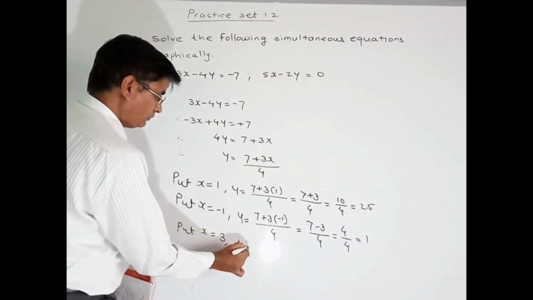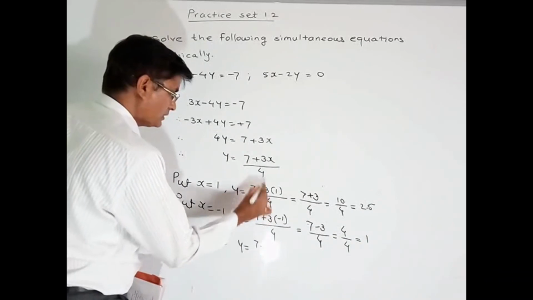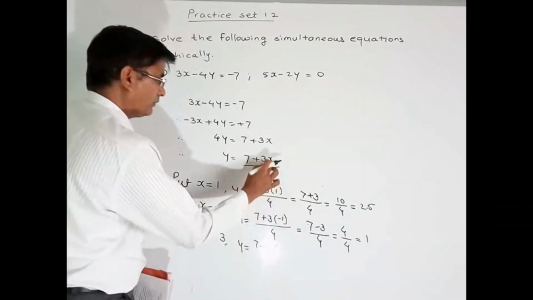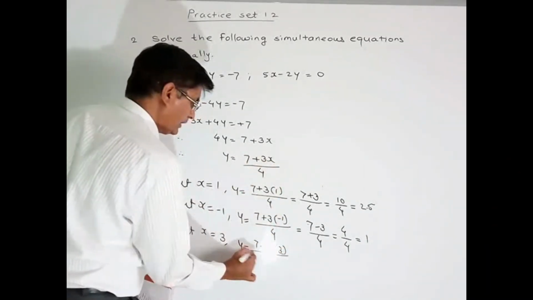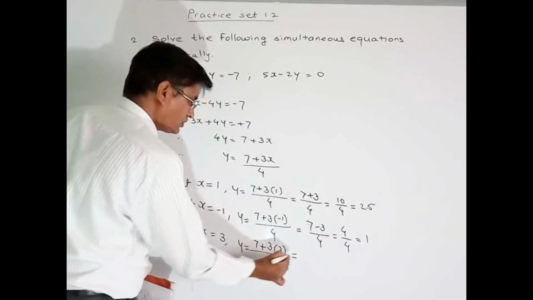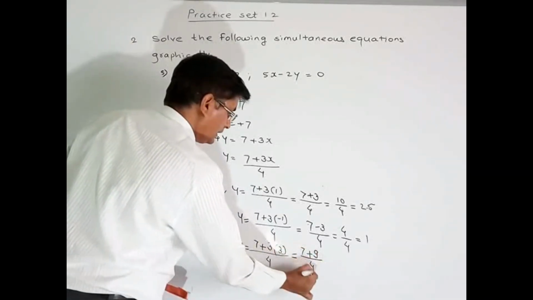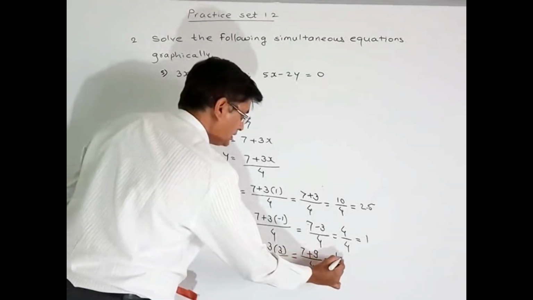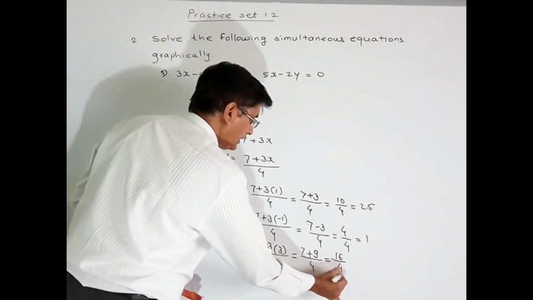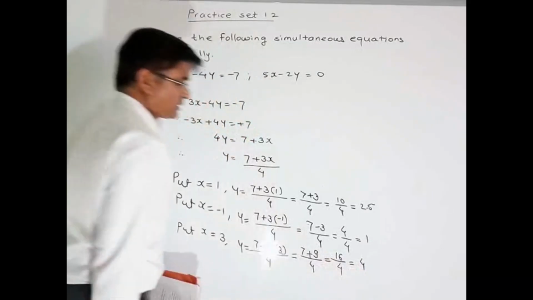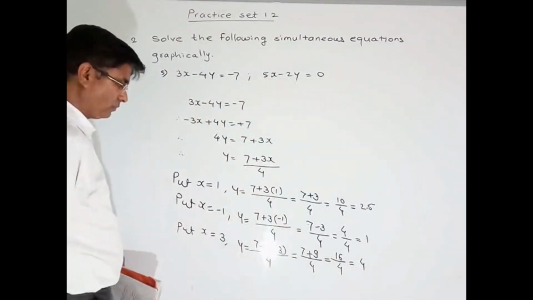So y is equal to 7 plus 3 times 3, divided by 4. 7 plus 9 is 16, divided by 4, the value is 4.